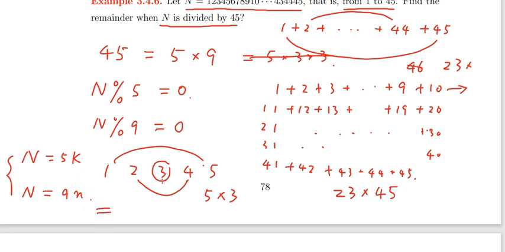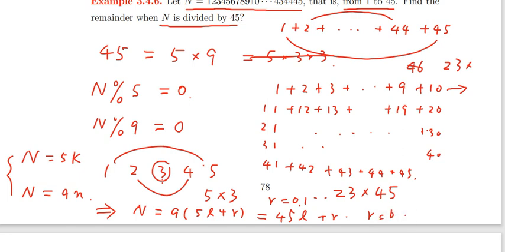Then we can say n equals 45 times some number, or we can change this n as 5l plus r, so r equals 0, 1, 2, like that. So we can find what r is: r equals 0.